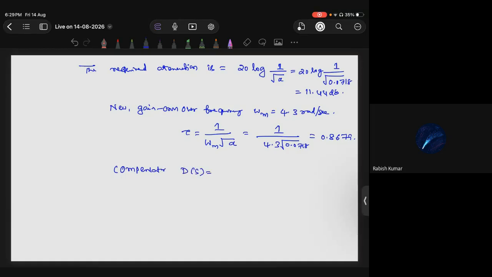So the total compensator finally is D of S equal to (1 plus 0.8679 S) divided by (1 plus 0.0623 S).